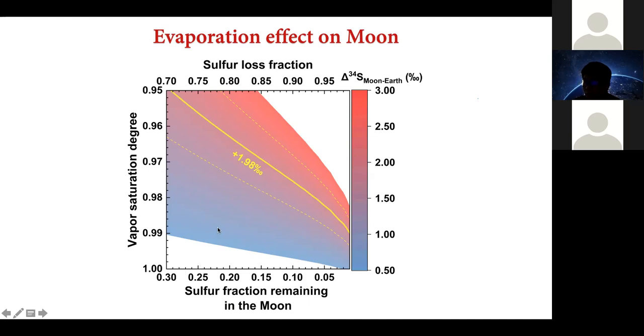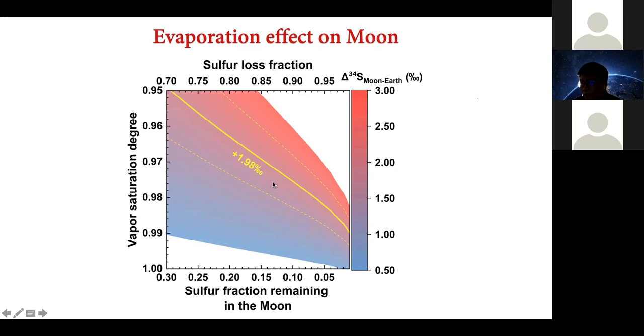Then we can say the degree of saturation should be, for example, if the fraction remaining is 12%, the degree of saturation should be, for example, 98%.